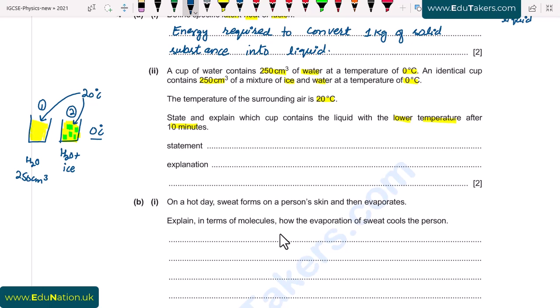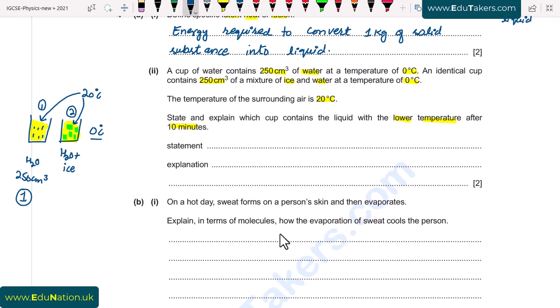So first consider the first cup. For the first cup we can see that there is a liquid. And its initial temperature is 0 degrees C and final temperature when heat shifts inside this is 20 degrees C. So it will absorb energy from the outside, and the temperature of water also increases.